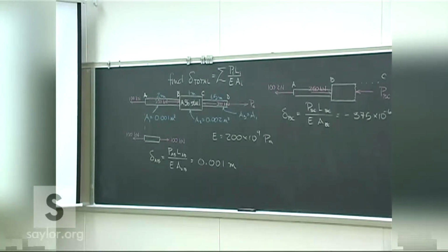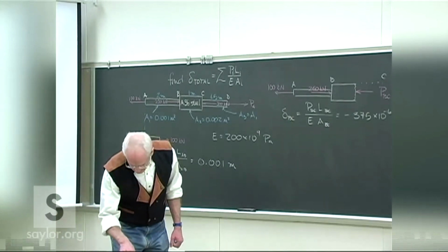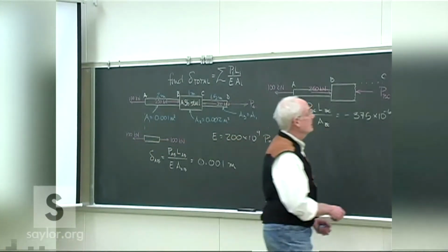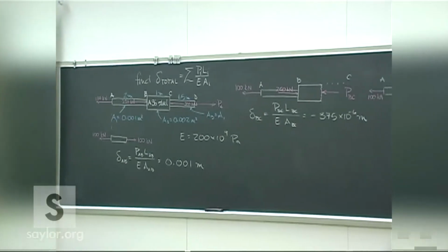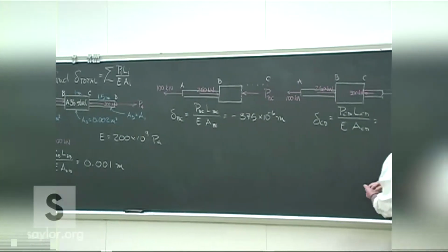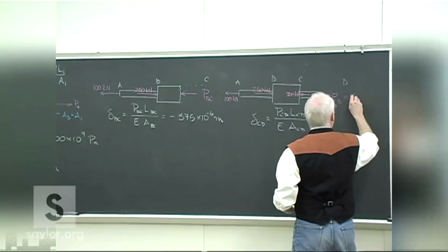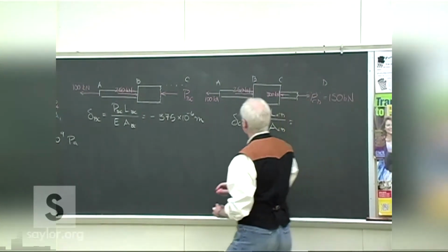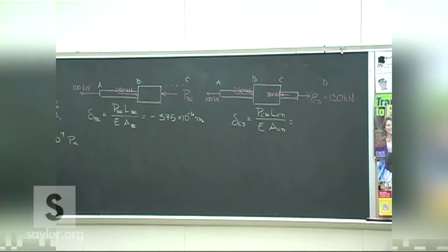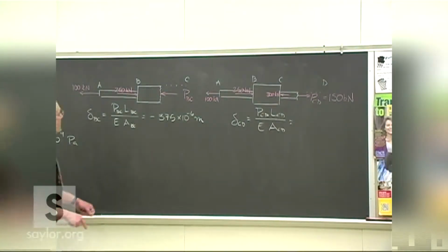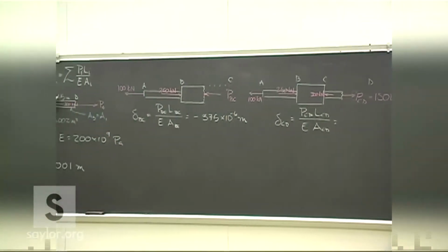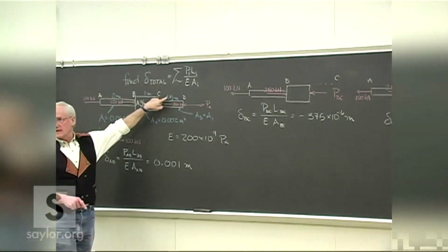I think I got 0.1. Okay, the load, let's see. What do you have for CD? 150? Yep. There's my problem, I had it written down. And then over the times the 1.5 millimeter length.